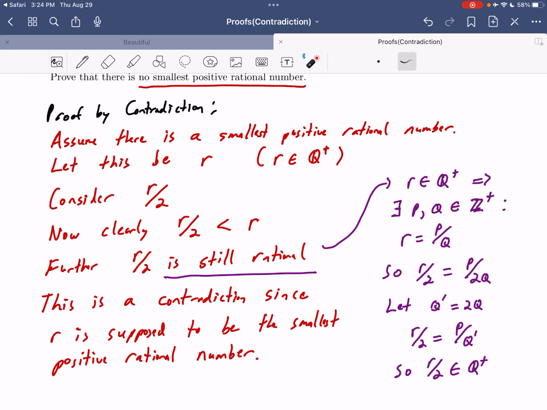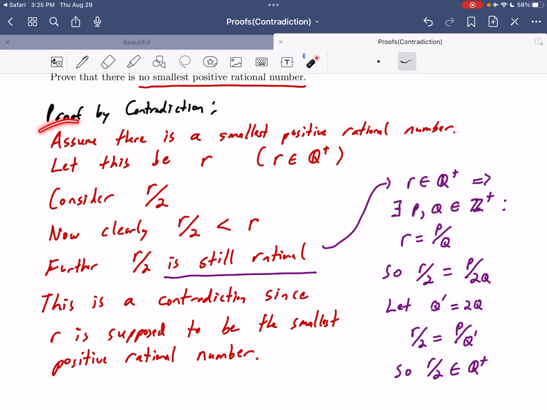So this is a contradiction because we assumed that R is the smallest positive rational number. We just created a smaller one, R over 2, smaller and still rational. So it's a smaller positive rational number. That contradicts R being the smallest one. So that's our contradiction. So where did we go wrong?